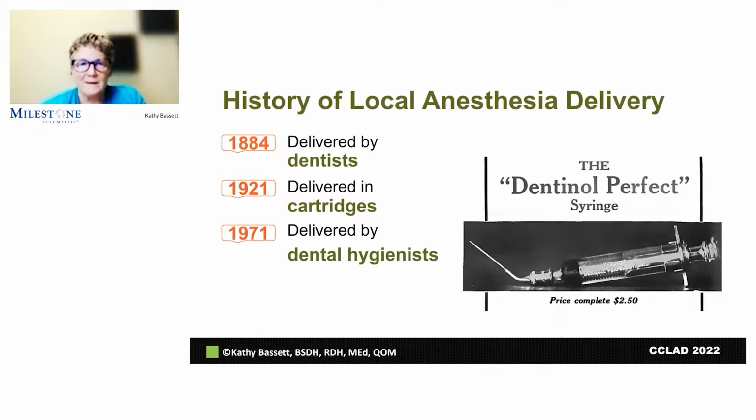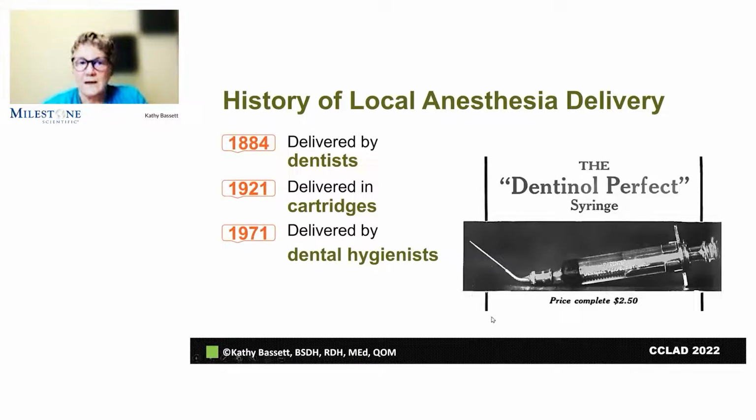Stepping back a little bit, we've been doing local anesthesia for dentistry since the 1800s. Dentists first formally had a relationship with anesthesia delivery starting in 1884. Cartridges were first available to us around 1921, and they have stayed essentially the same as the cartridges we use today.